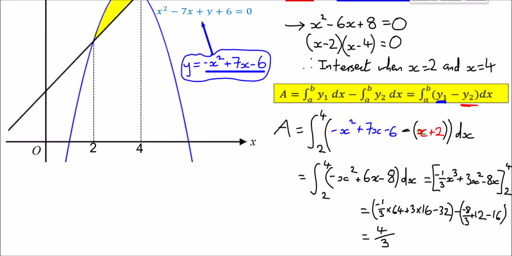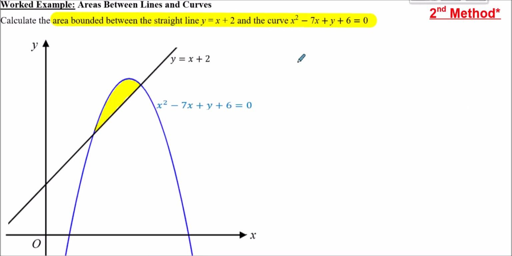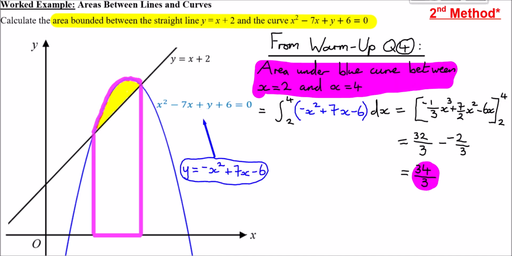So a second method we could have used is to have thought of this in a different way. I need to just remind you of what we had from warm-up question 4. From warm-up question 4, we integrated the function minus x squared plus 7x minus 6. So if we rearrange this blue line here, the curve, it becomes the equation which we integrated from warm-up question 4.